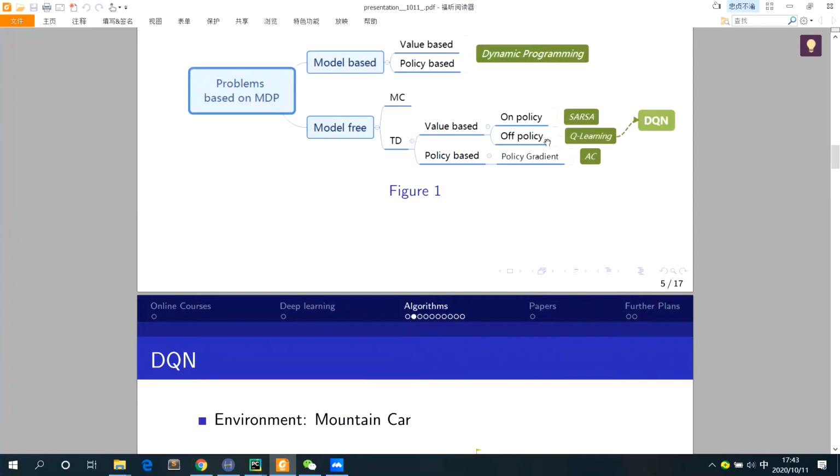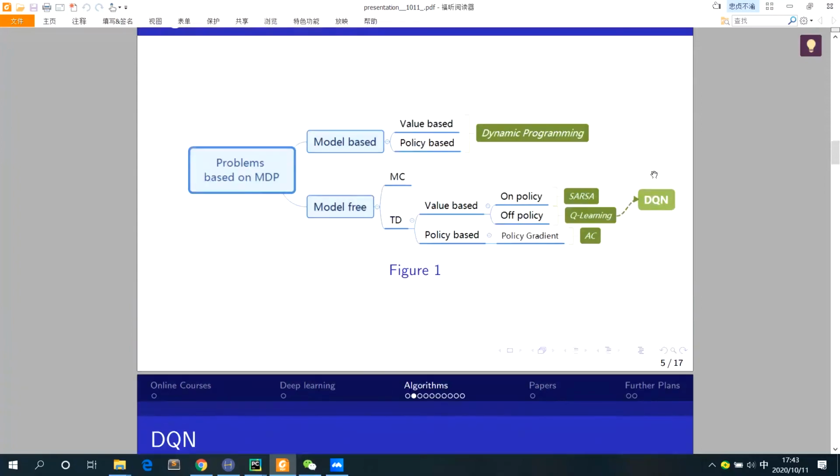Could you please repeat in DQN what do we approximate using deep neural networks? Approximate the Q value, it is a value function. Okay, not policy. If we use them both together, it's A3C, I think.